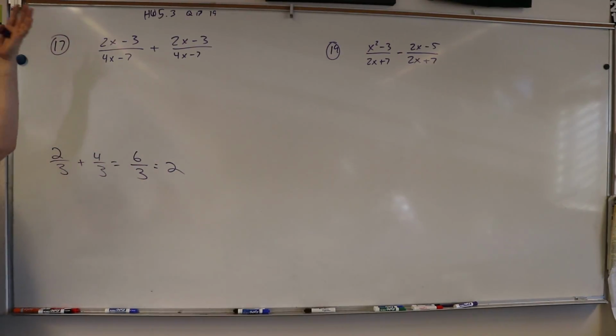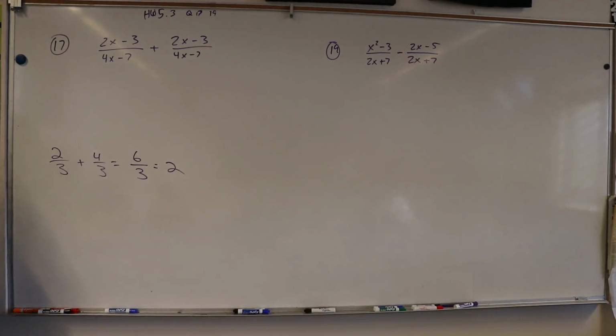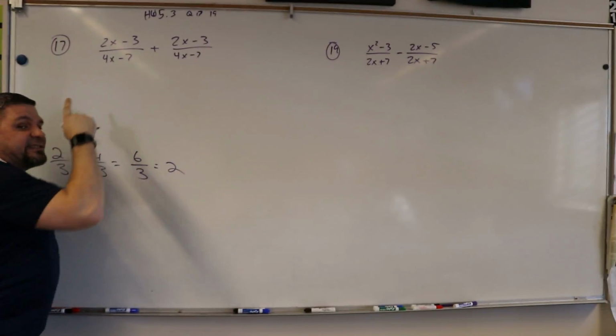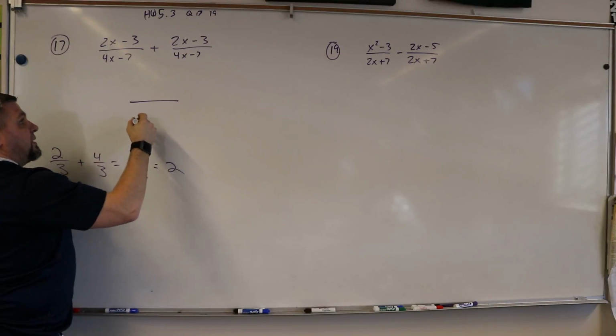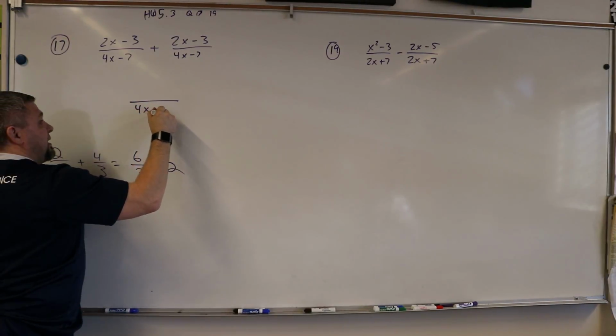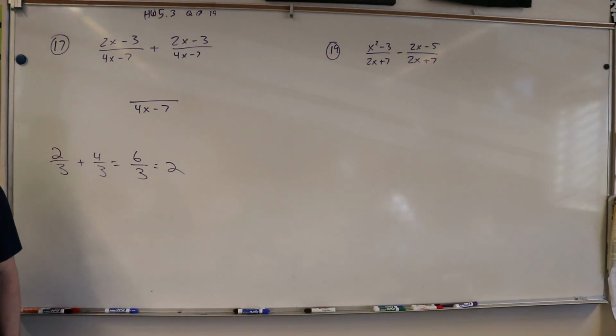Fractions, yay! Everybody loves them. Not, right? So same thing here. As long as these denominators are the same, right? Then you're going to come up with 4x minus 7, correct?